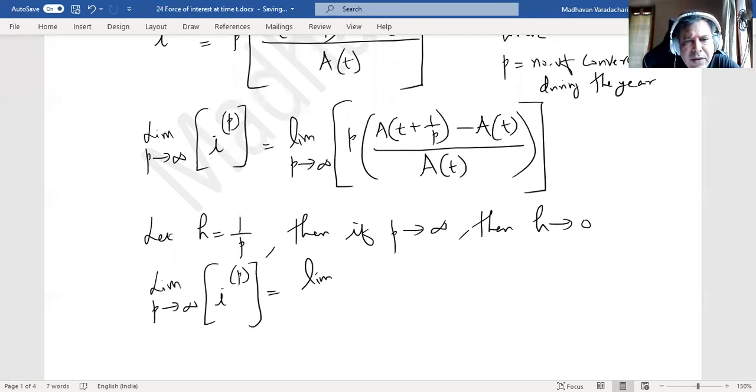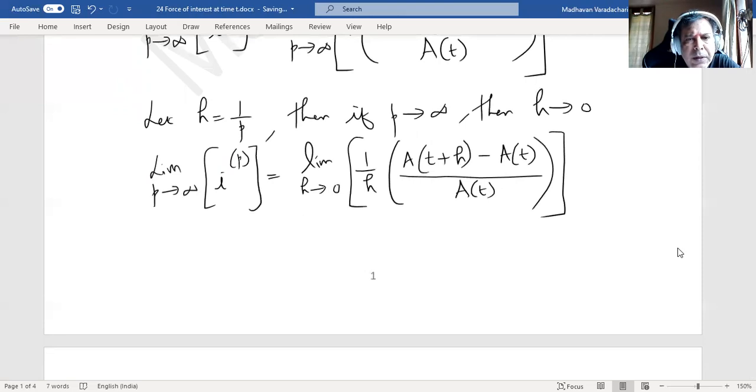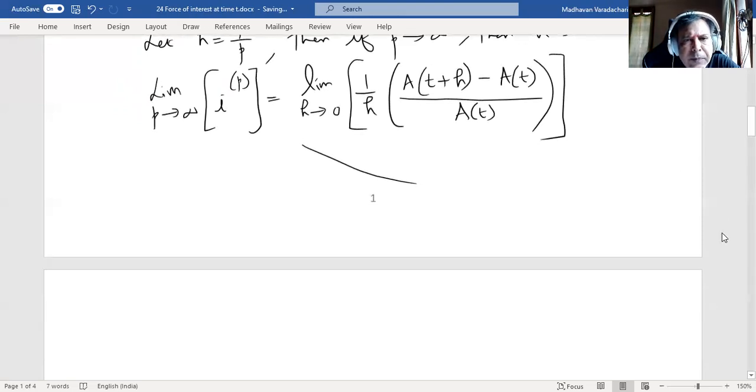That means here instead of p tends to infinity, it will become h tends to 0. And when h is 1/p, then p will be 1/h, so this is [a(t + h) minus a(t)] divided by a(t). Now this a(t) does not involve h, I can take it outside, but I need to keep the h inside the limit only. So let me go to the next page.